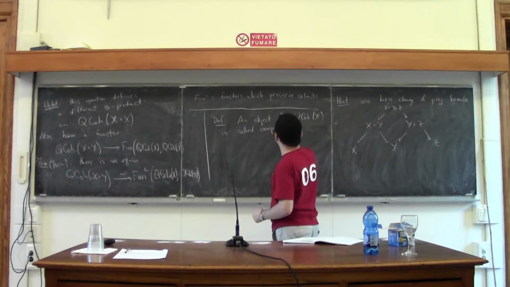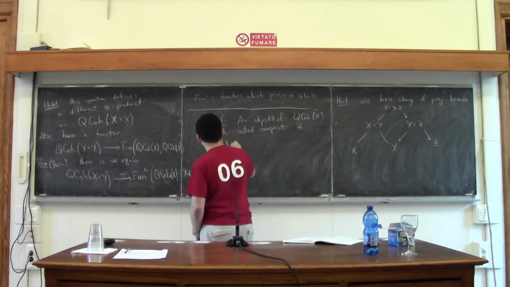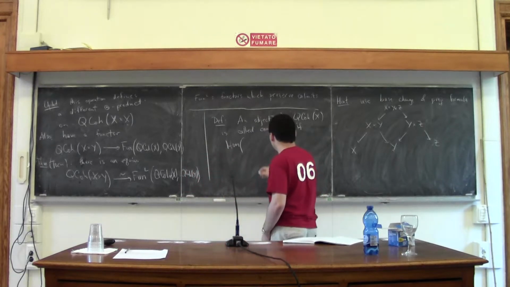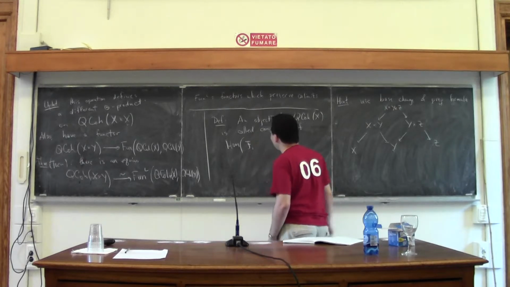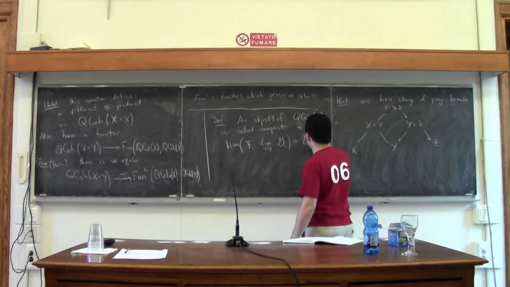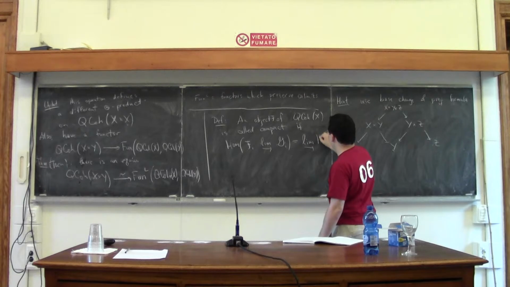An object F. The definition is a little funny, but if we map out of it into some direct limit of things, then this is the direct limit of maps.